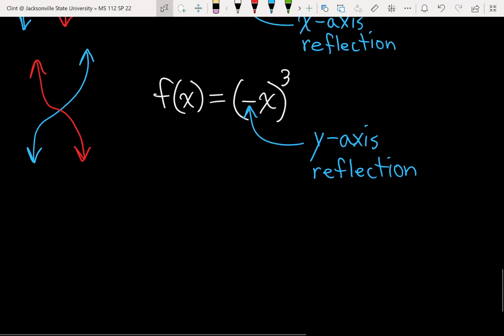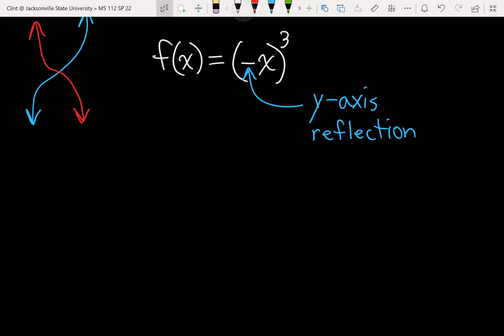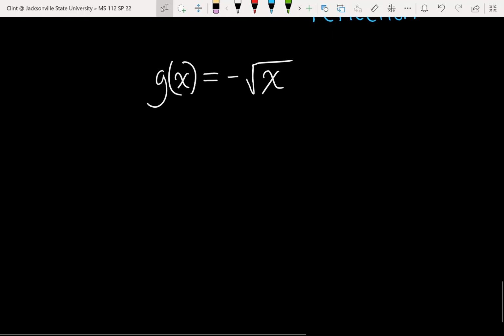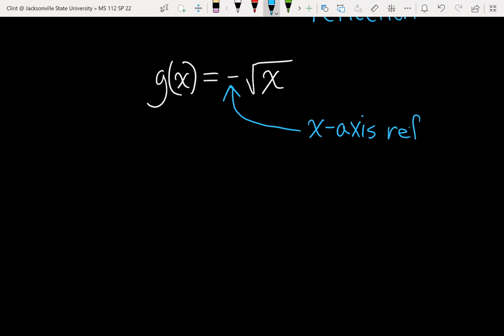It's easier to think about what happens with one like this. So let's do negative square root of x. We've got the minus sign out front. That's an x-axis reflection. Going to flip the top and the bottom.